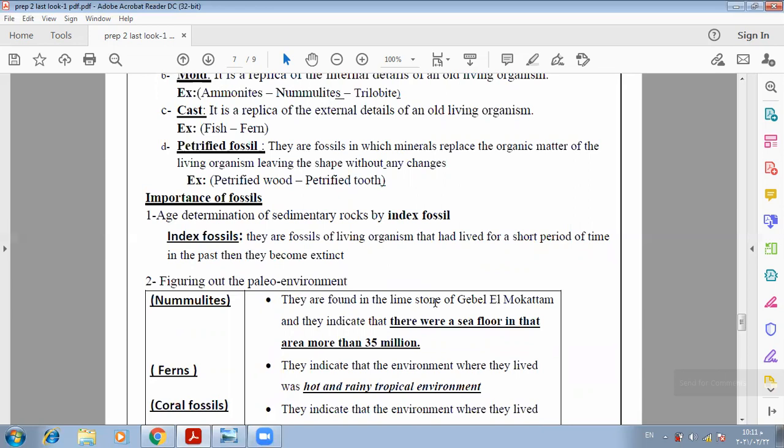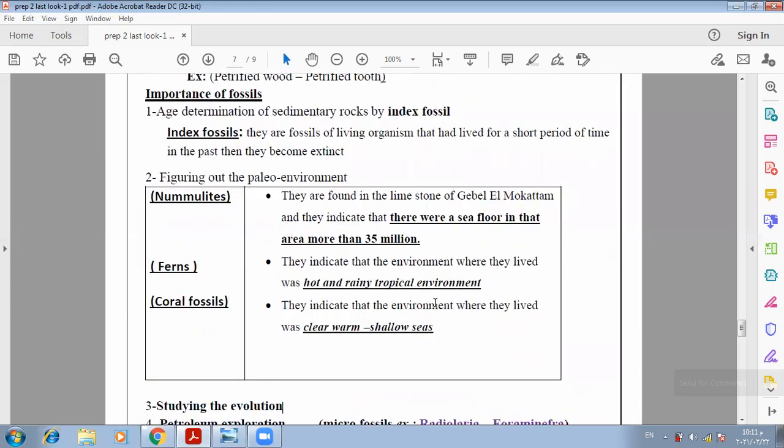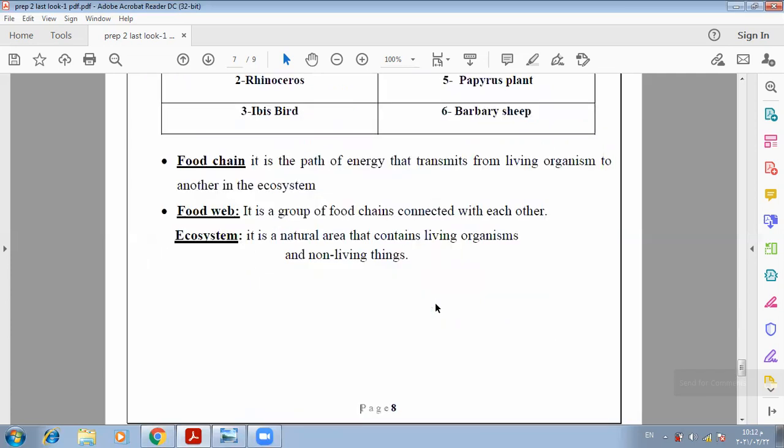Like if I find coral fossil, that means they indicate that the environment where lived was clear or shallow seas. Number 3 in the importance, studying evolution.